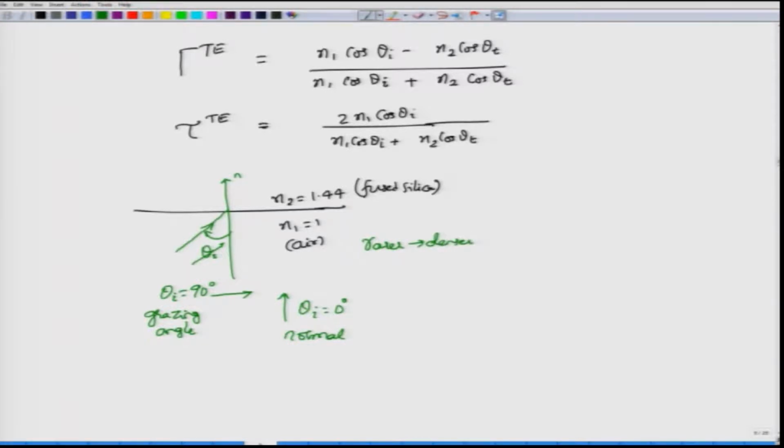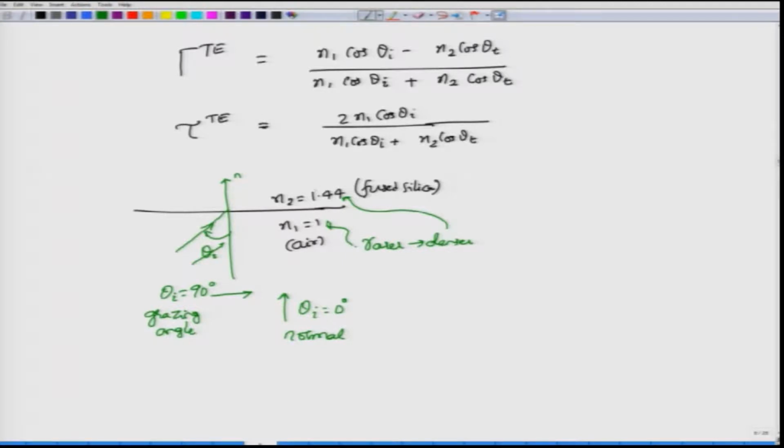What does rarer to denser mean here? Rarer means the refractive index is smaller compared to the refractive index of the second medium. So, amongst these two media, n1 which is equal to 1 is lesser than 1.44, clearly air is a rarer medium while this is a denser medium.